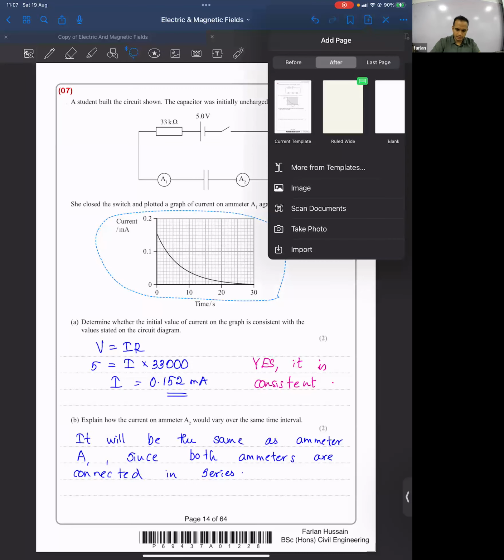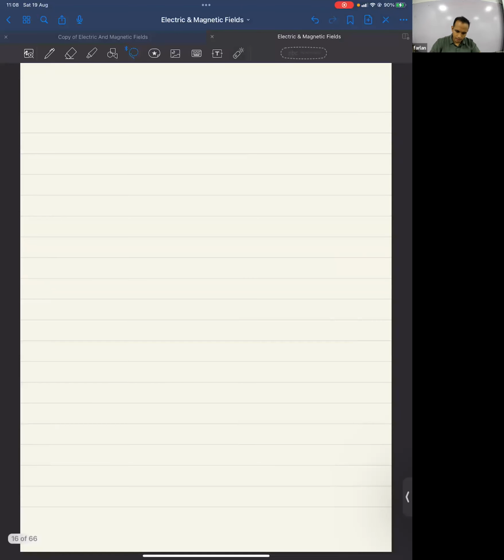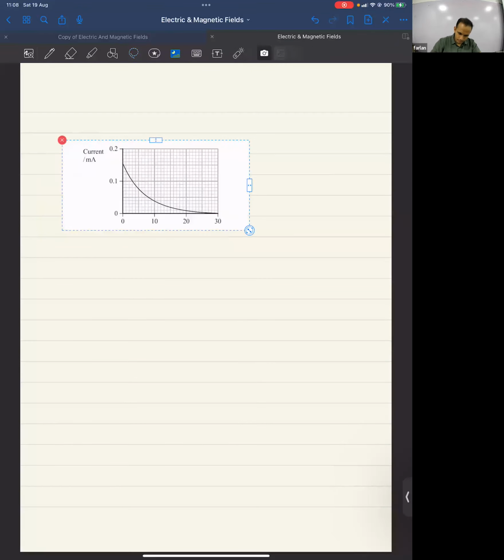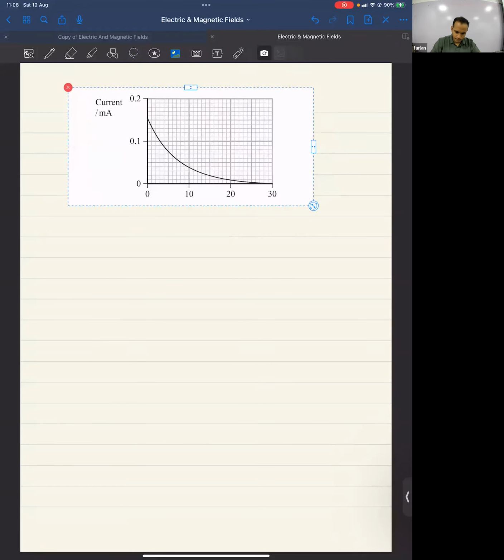Okay, look at this. I'll try this and see what I'm getting. Okay, stop your work. Listen to me. Guys, now it's obvious that at t equals 3, current is 0.1 milliamperes, right?